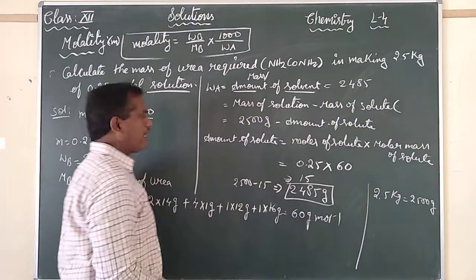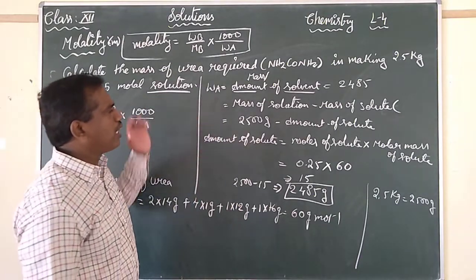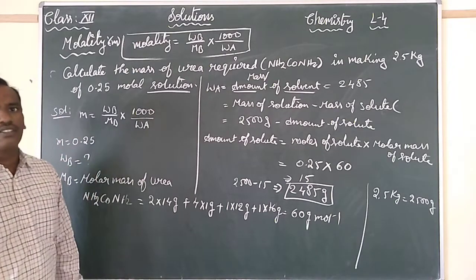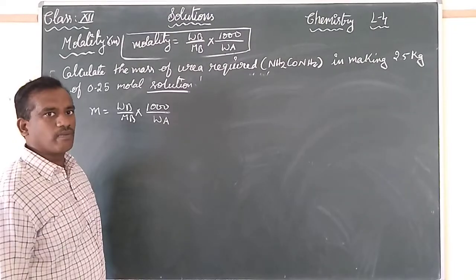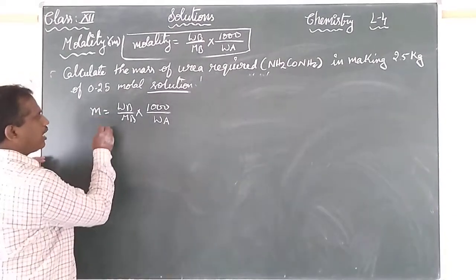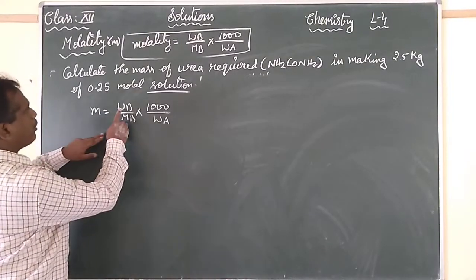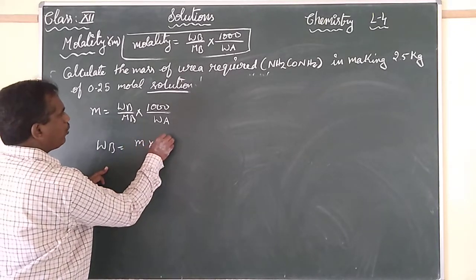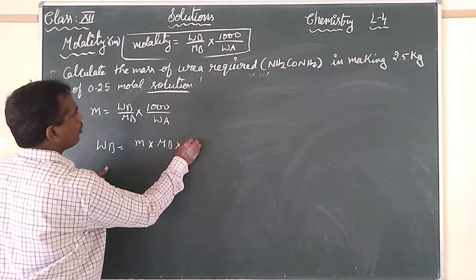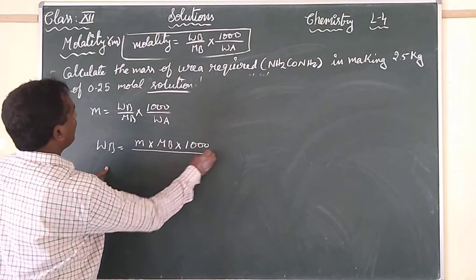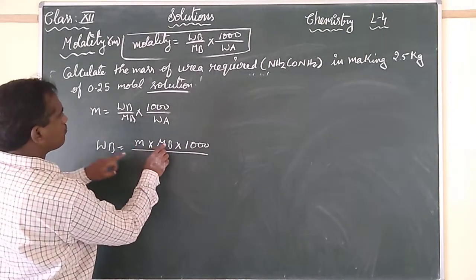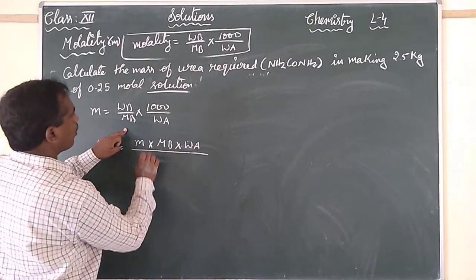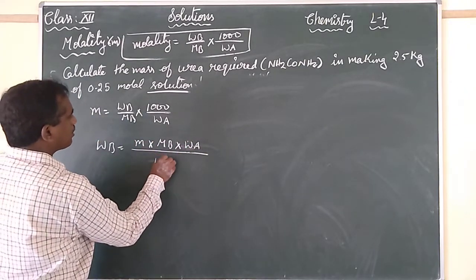Now we will apply all these into the formula for getting our result. So let us see here molarity M. We need to calculate the WB. So WB is equal to M into MB into WA by 1000.